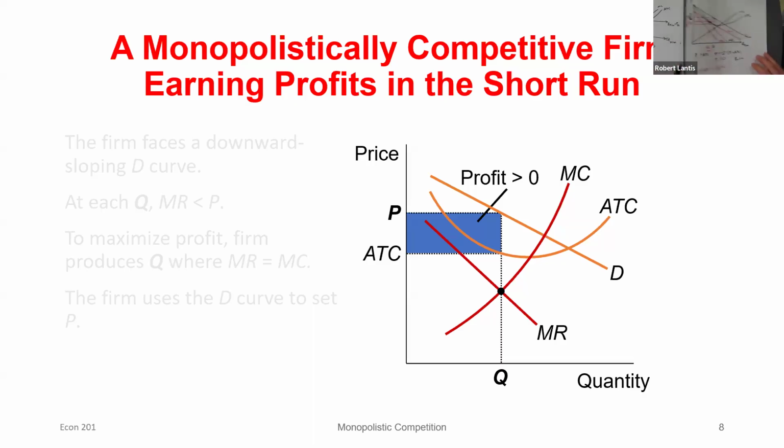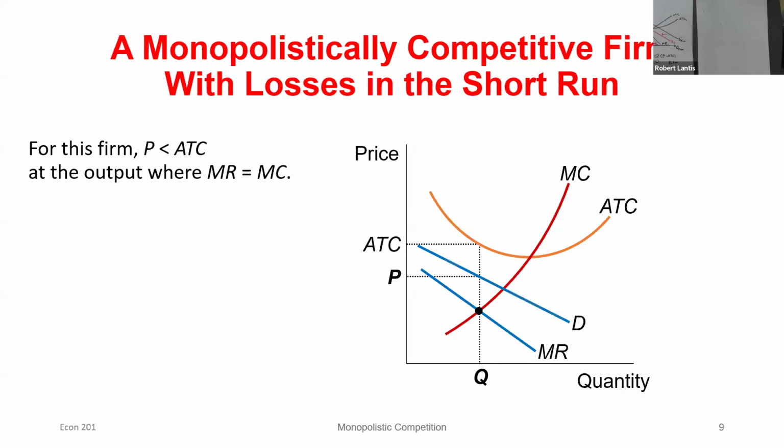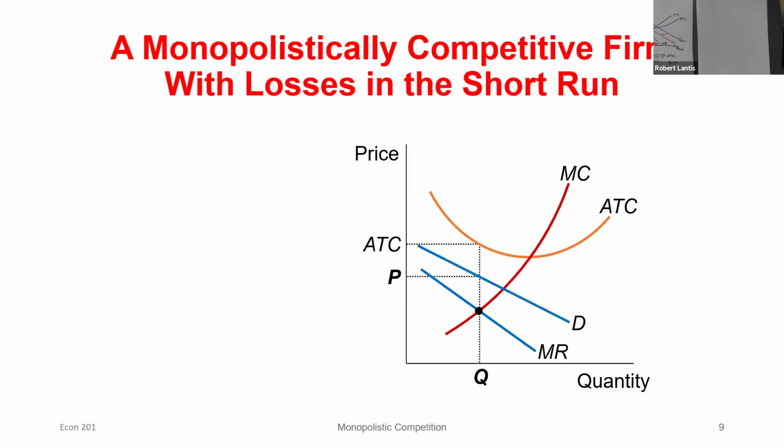Let's think about a scenario where instead, maybe I start out with something like this, and I'll draw this for us in a second. I'm just thinking about the long run. We'll move to the short run in a second. But where would I choose the profit maximizing quantity, where marginal cost is equal to marginal revenue?